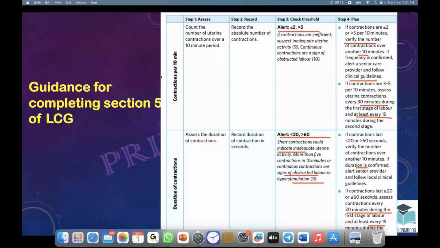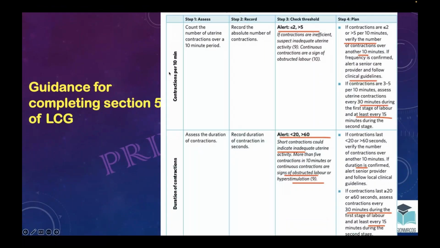First let's talk about contractions. They will count contractions over a 10-minute time, and it has to come as an absolute number, like 3 contractions, 4 contractions. What will be the alert? Less than 2 contractions in 10 minutes, or more than 5 contractions in 10 minutes is the alert.